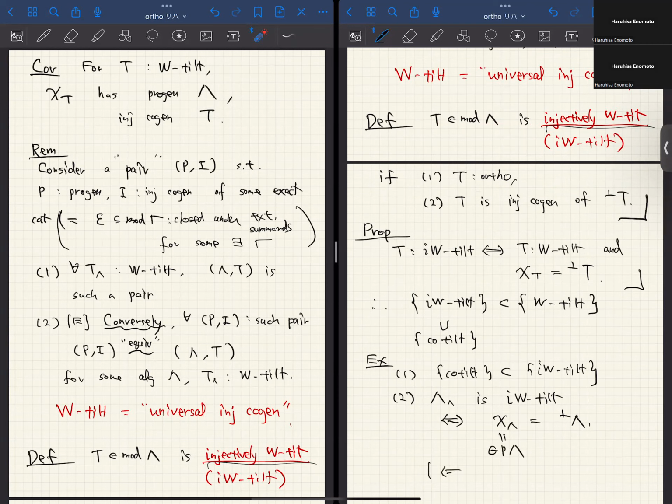So the condition is that the category of Gorenstein projective modules coincides with the perpendicular category of lambda. Such an algebra is called weakly Gorenstein. Lambda is weakly Gorenstein, and this is the main topic of Martin-Jacobs talk. So injectively Wakamatsu tilting is related to Gorenstein homological algebra in this way.